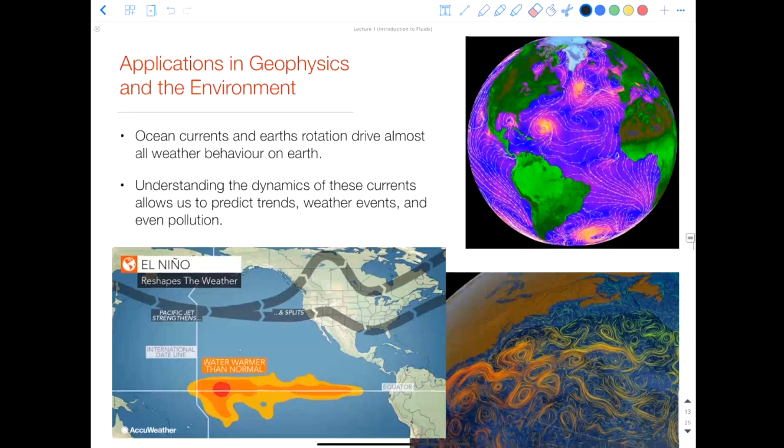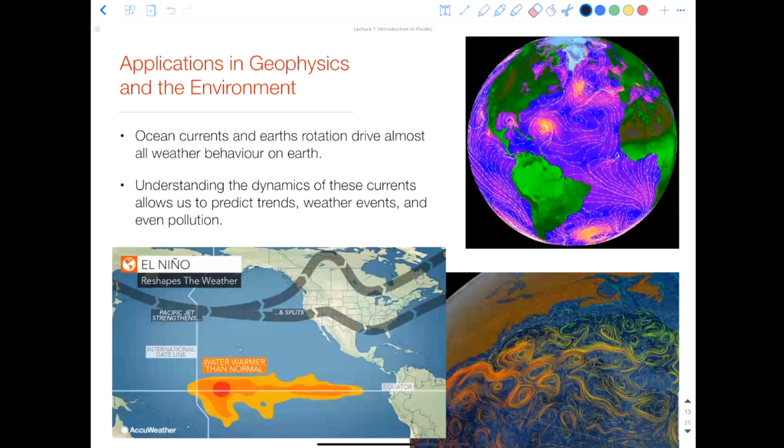So just as an example, an El Nino is a weather event that's caused by water in the Pacific near the equator being much warmer than usual. And if that water increases more than usual, the Pacific jet stream splits before it reaches the North American coast.